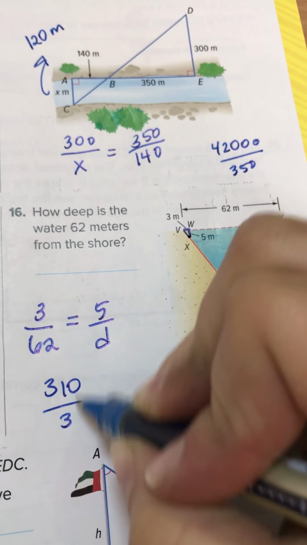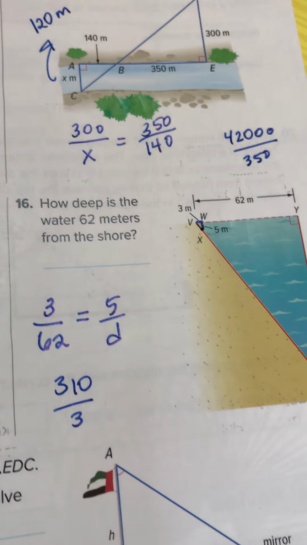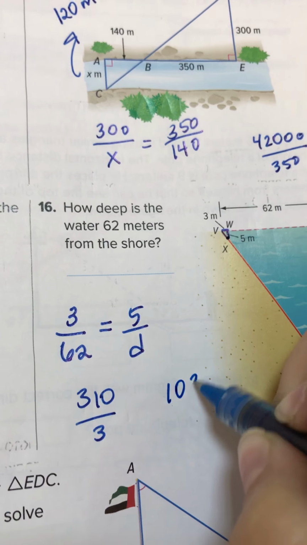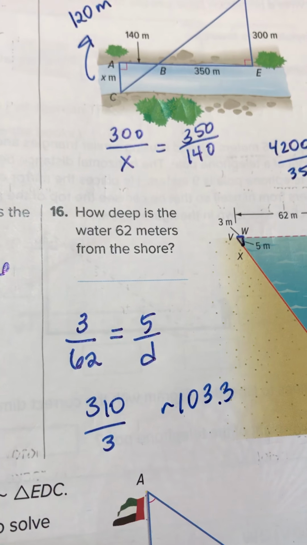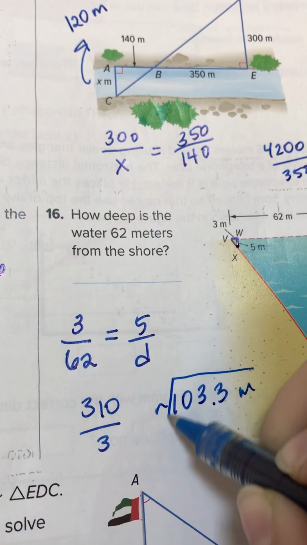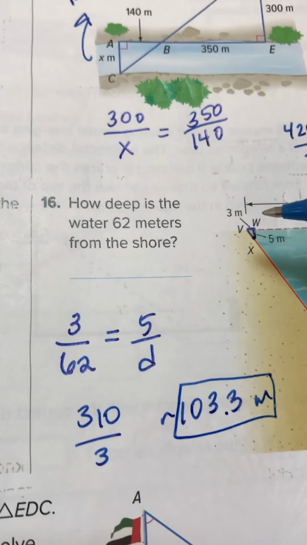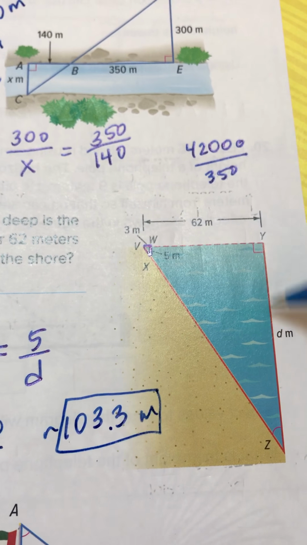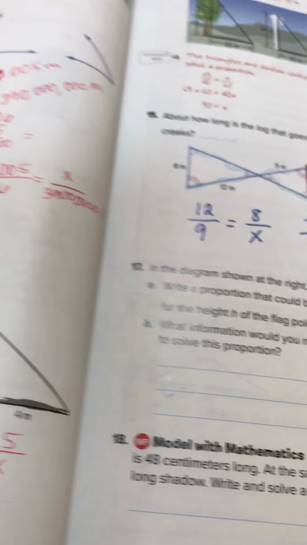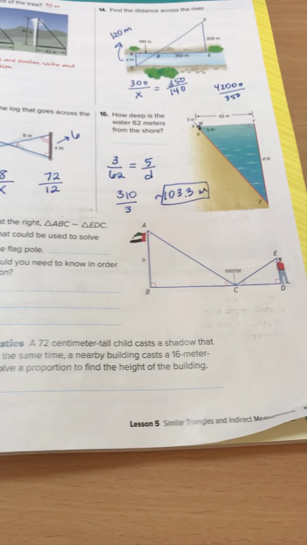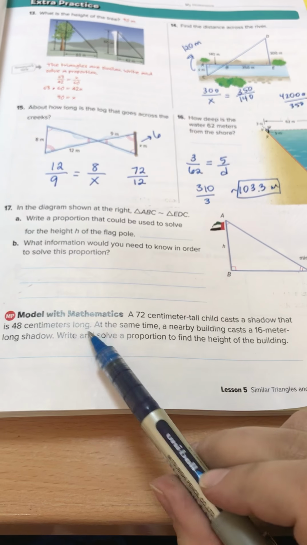It looks like after we divide by 3, we're going to get 103.3. So about 103.3 meters is how deep the water is. Again, 5 is bigger than 3, so D should be bigger than 62, and it is. Okay, so that's basically what we're doing in this chapter.